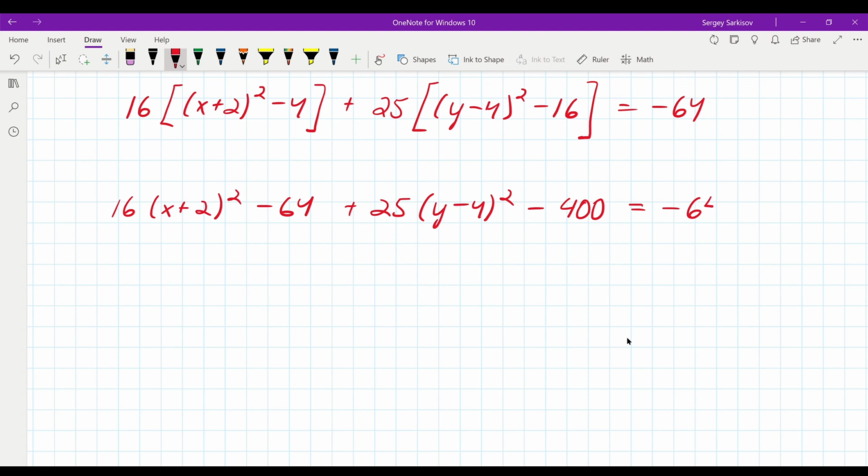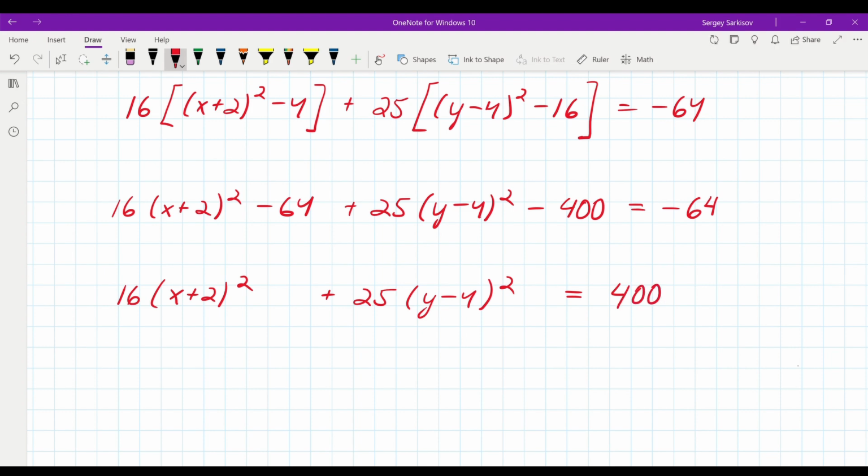Let me wait a little bit. Then you see the 64s will cancel. So we have 16(x plus 2) squared plus 25(y minus 4) squared equals, if you cancel all that, 400 on the right side.